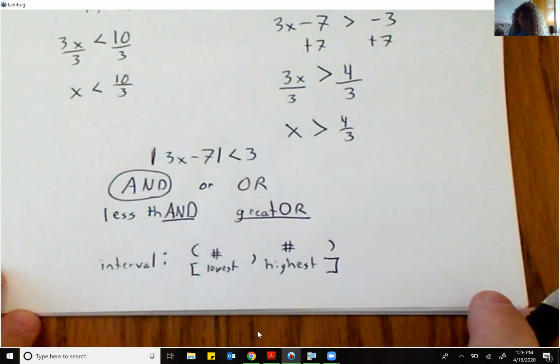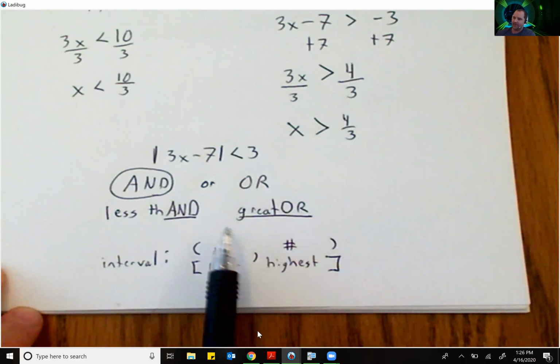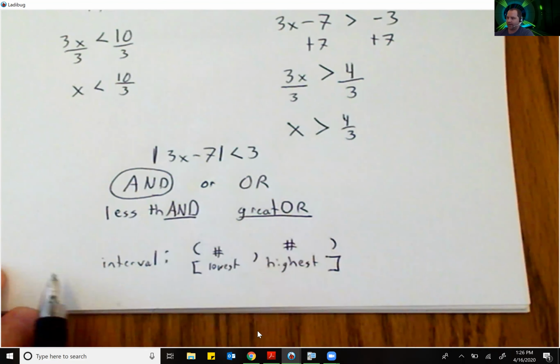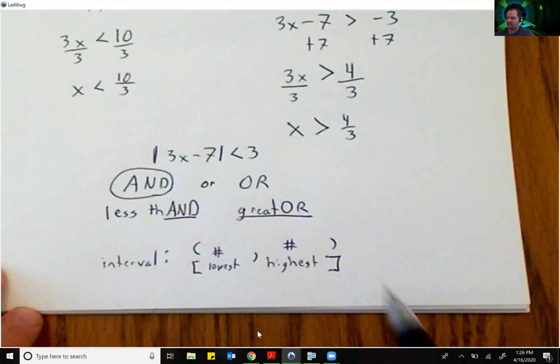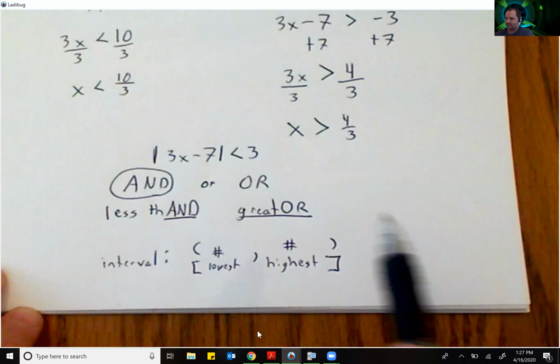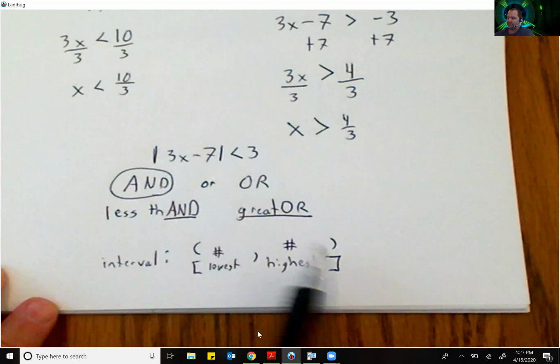Or answers, that's the one where you do the union, and it will have the negative infinity to your lowest number, bracket or parenthesis, union, bracket or parenthesis, your highest number onto infinity. So that's an or. That's the one that has the union. Ands are the ones that kind of look like points for a coordinate plane.